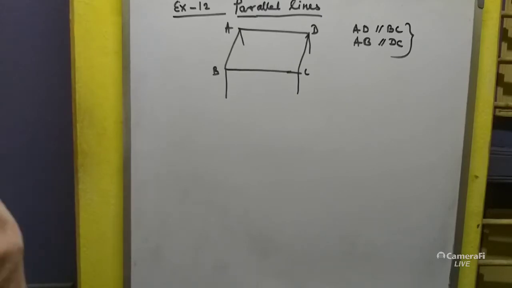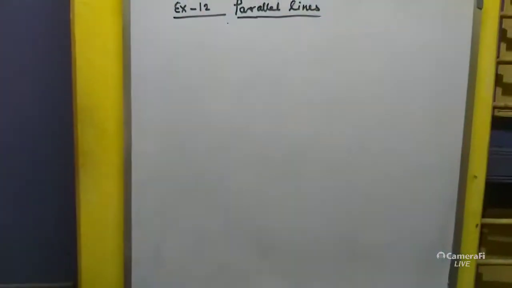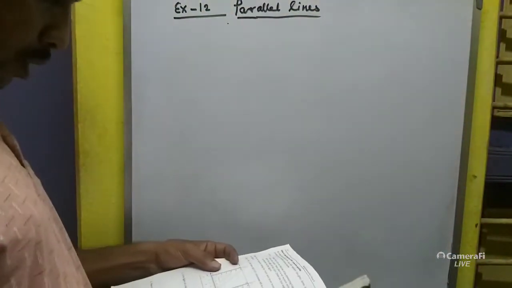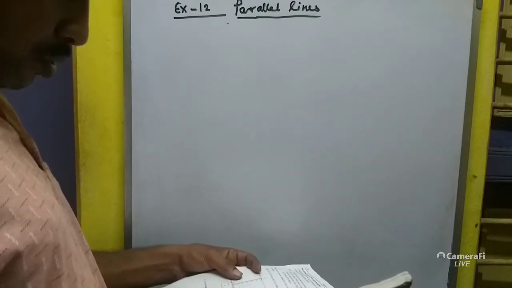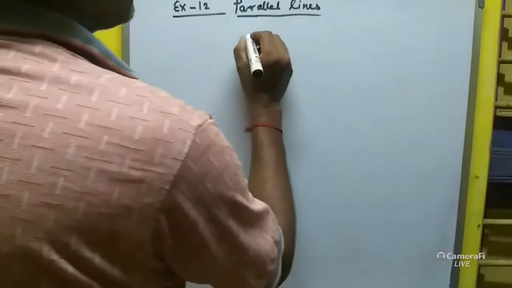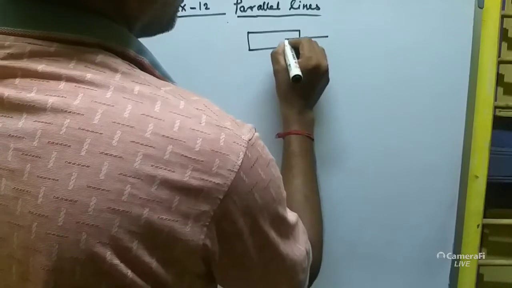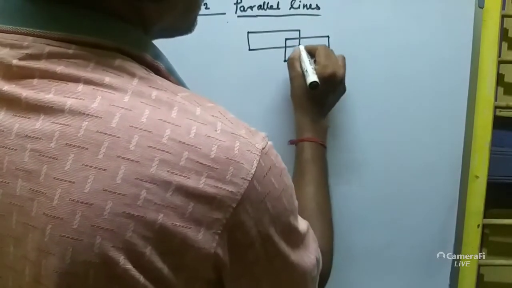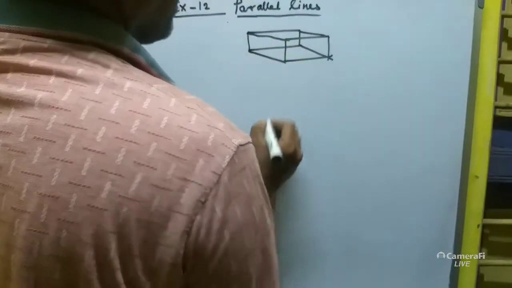Next, number two. Name the group of all possible parallel edges of the box whose figure is shown below. So there is a cuboid. Now which lines are parallel?